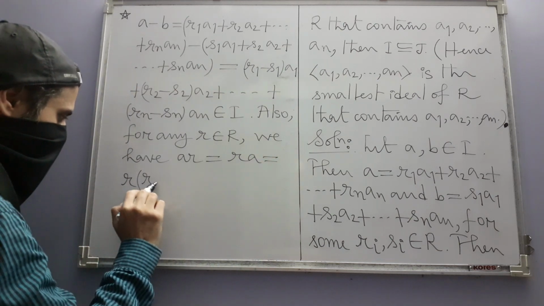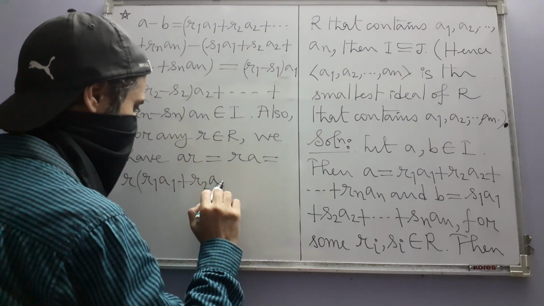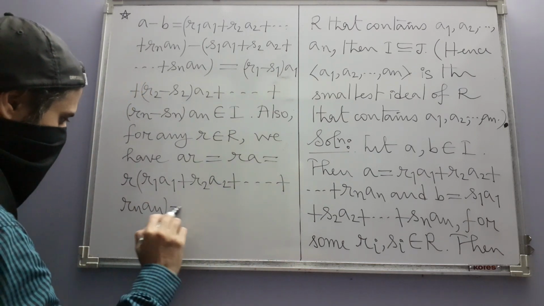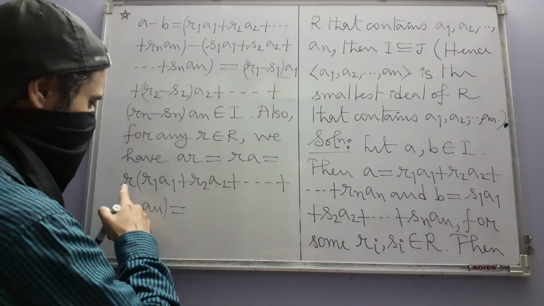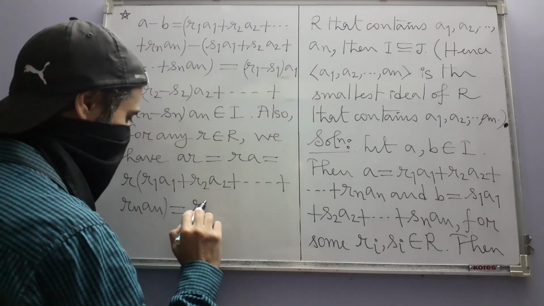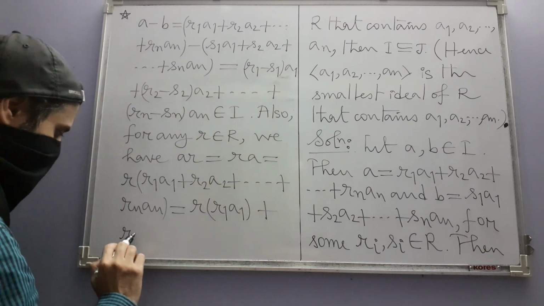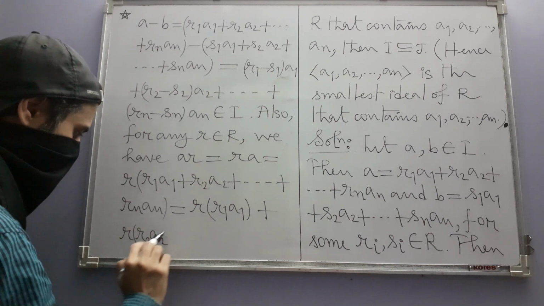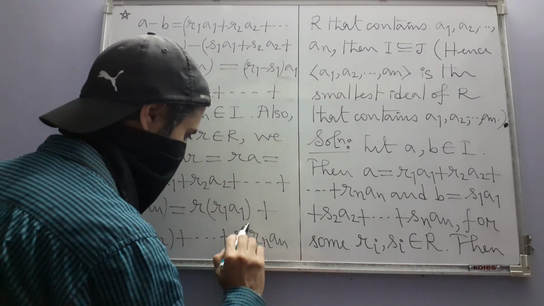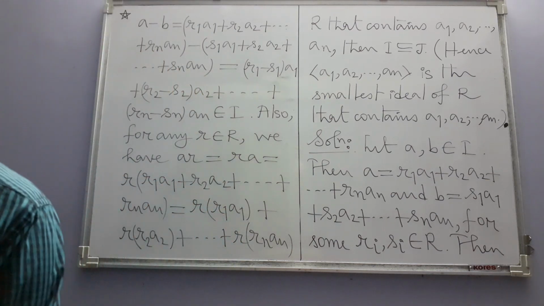And now you put the expression for A. The first step is to apply the left distributive law, well, its extended version, to have R times R1 A1 plus R times R2 A2 and so on plus R times Rn An. And the next step is to use the fact that multiplication is associative in a ring.